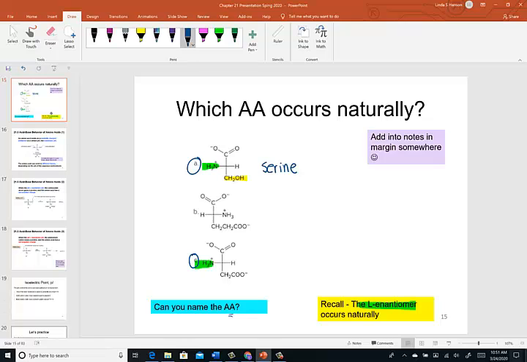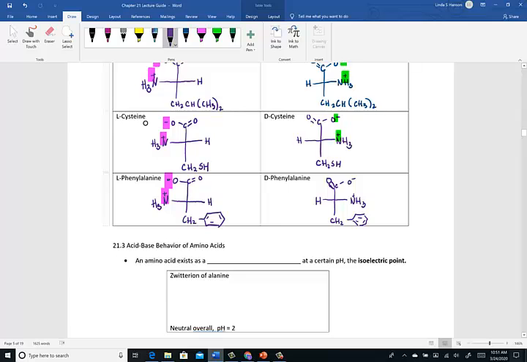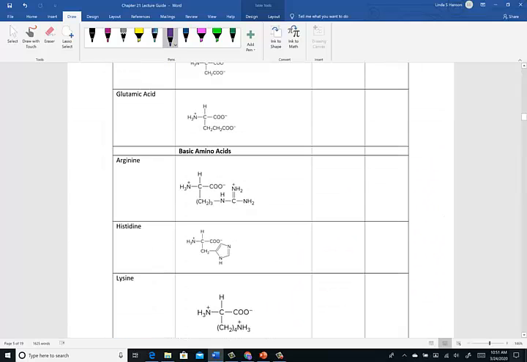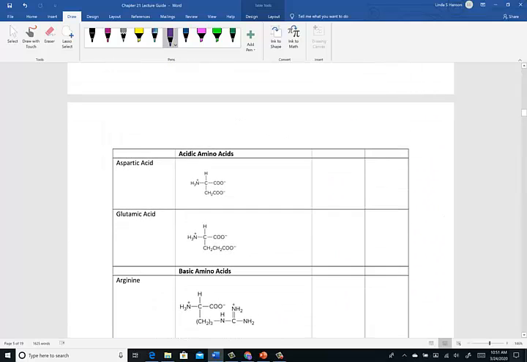Now here's something interesting when I'm asked for the identity of B and C. Do you notice that both of them contain an additional acid group, COO negative? That helps me narrow down my search very quickly because they're going to be one of the two acidic amino acids. And so on my chart here, one of them will be aspartic and the next will be glutamic. So the glutamic acid, of course, has 2 carbons.